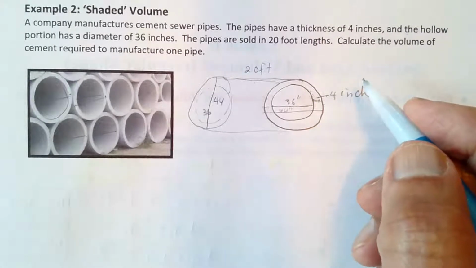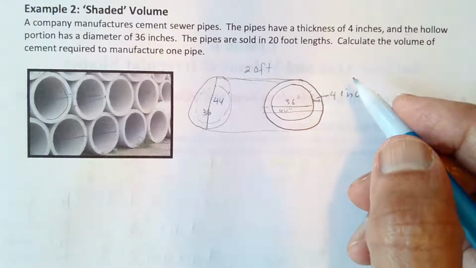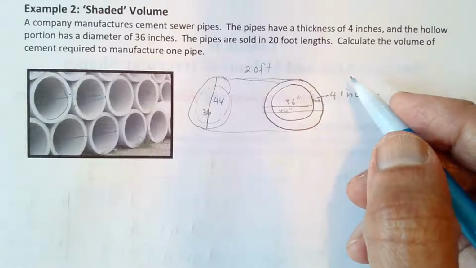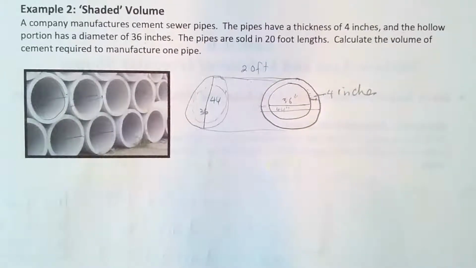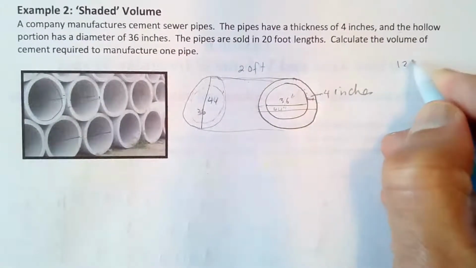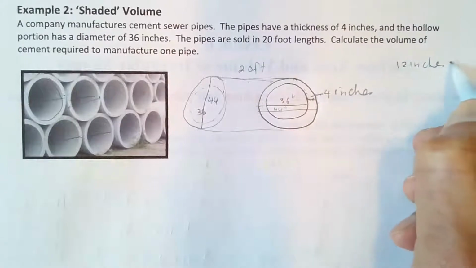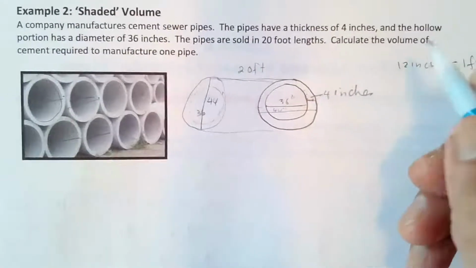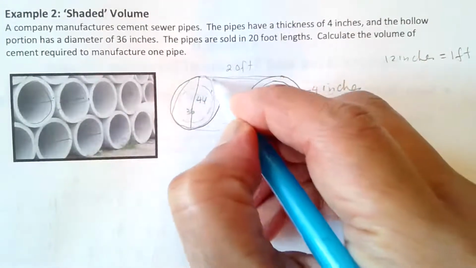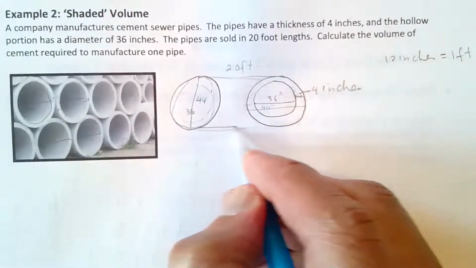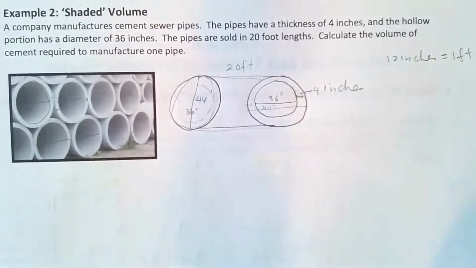We have to convert all of them into the same unit of measurement. The simplest way is to convert inches to feet. There are 12 inches equal to 1 foot. So the first step is to convert all of your units into one unit.